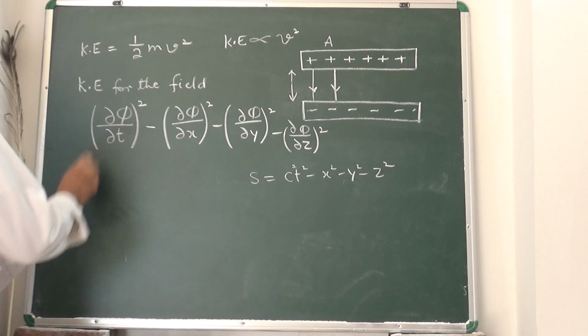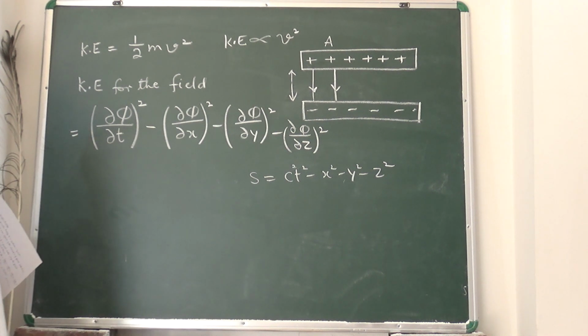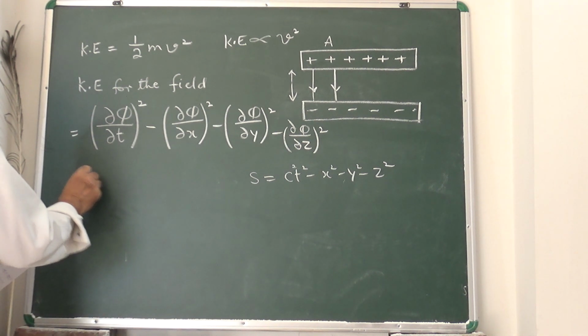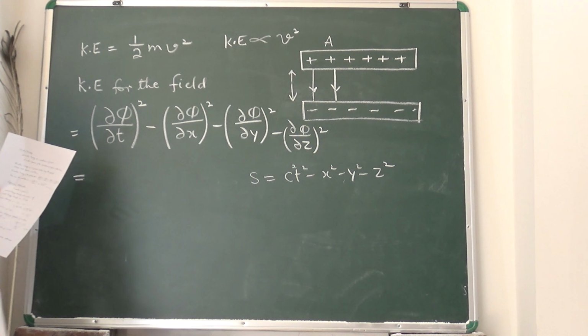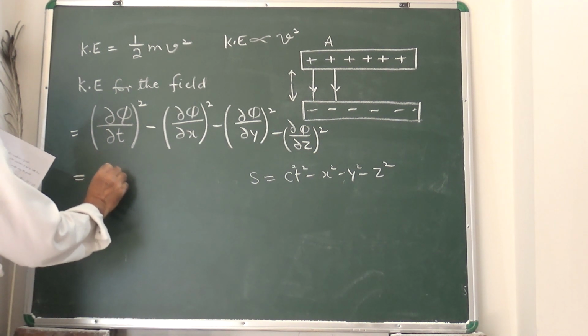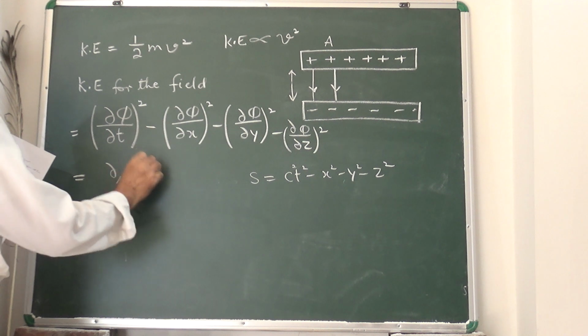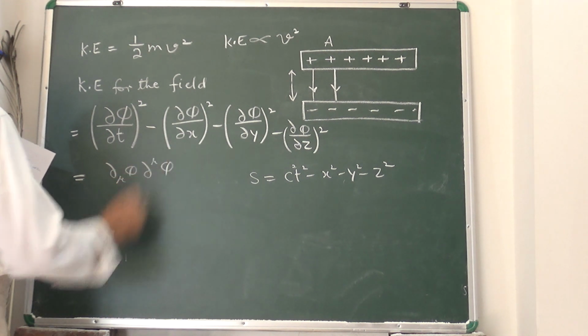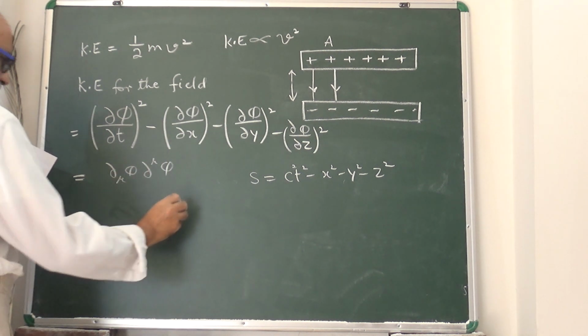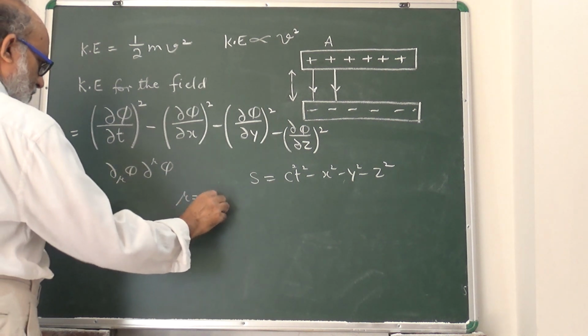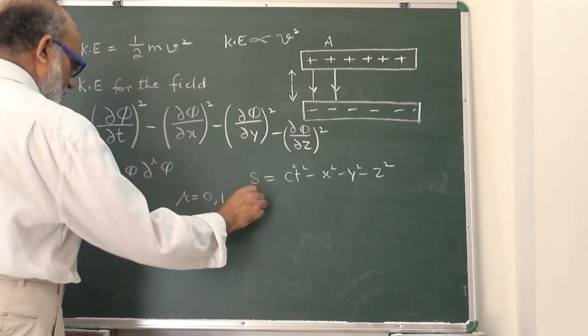Now this is written in a very compact form as del mu phi del mu phi, where mu runs from 0, 1, 2, 3.